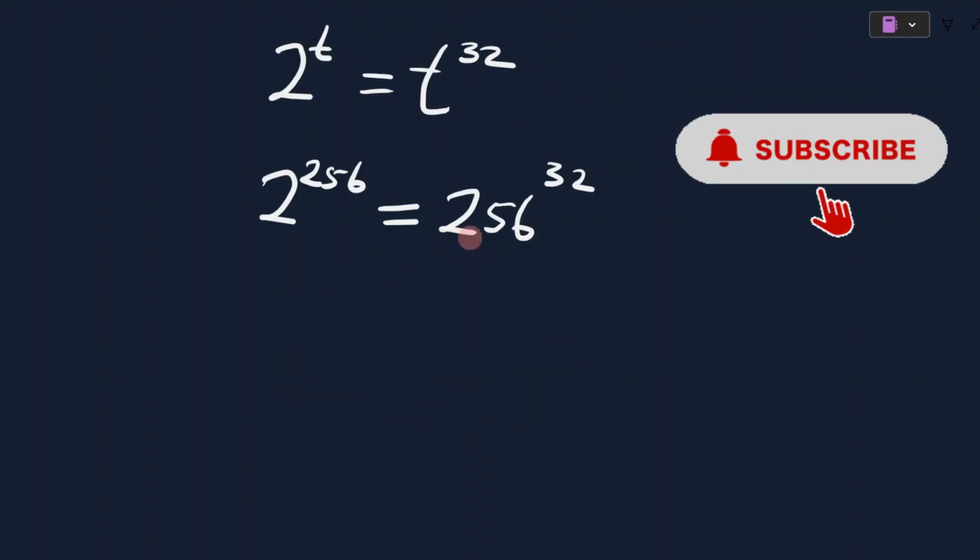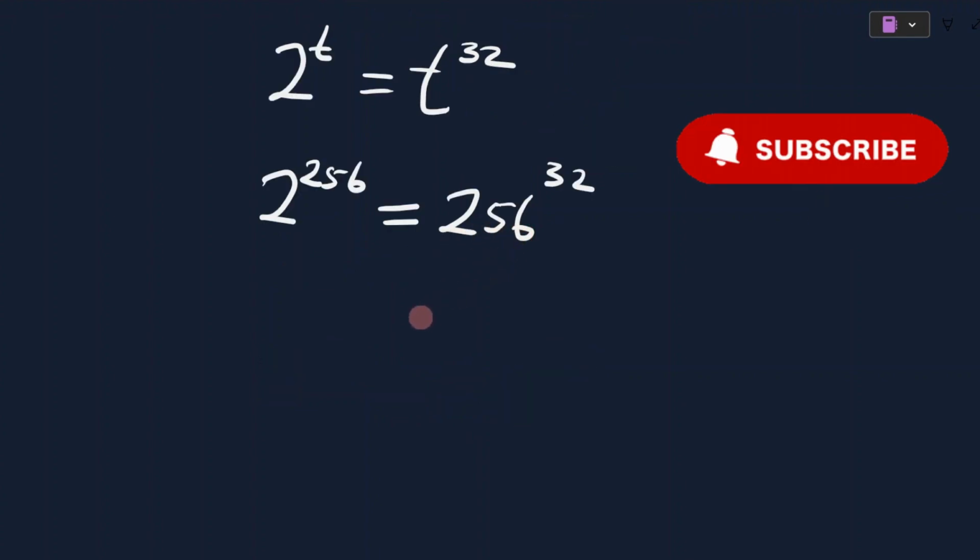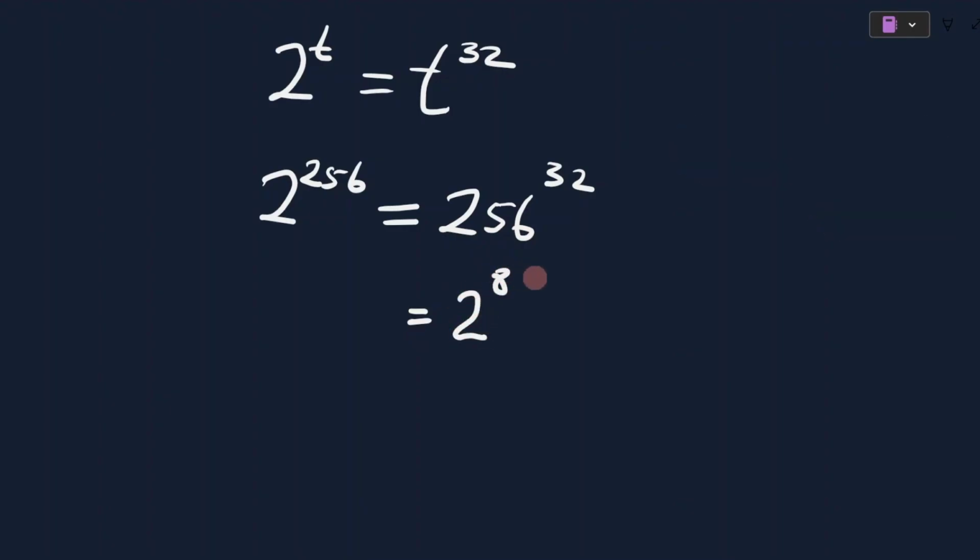Remember, 256 is the same thing as 2 raised to power 8. Let's confirm this. Whereby we have 2 multiplies 2, which is 4. 4 multiplies 2 gives us 8. 8 multiplies 2 gives us 16. 16 multiplies 2 gives us 32. 32 multiplies 2 gives us 64. 64 multiplies 2 gives us 128. 128 multiplies 2 gives us 256.